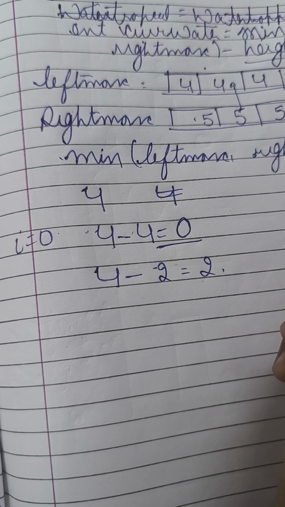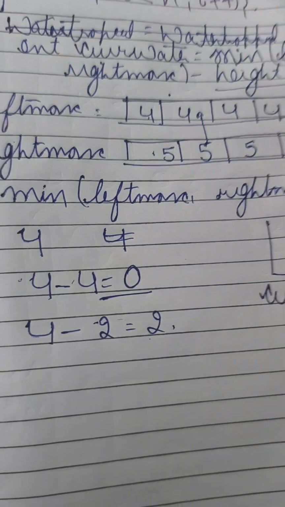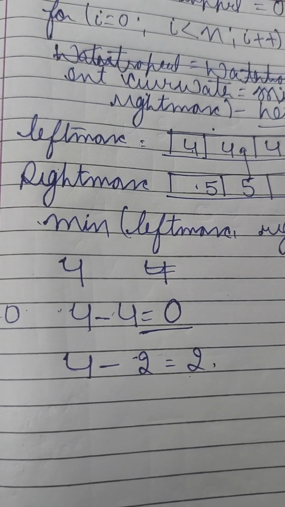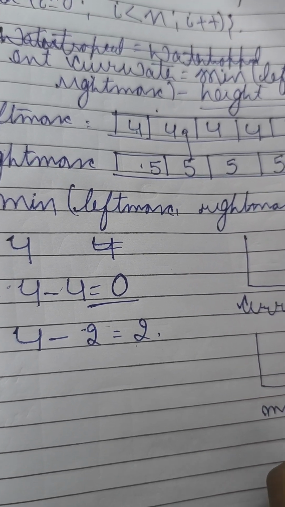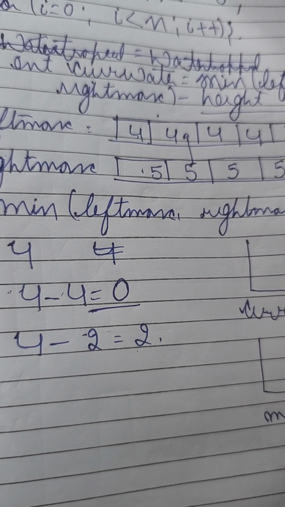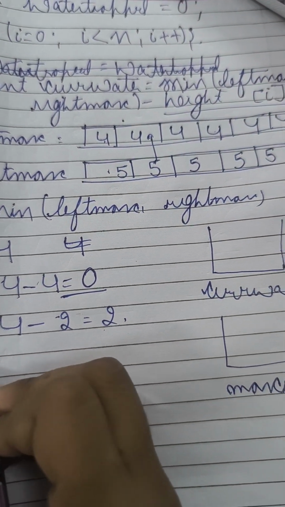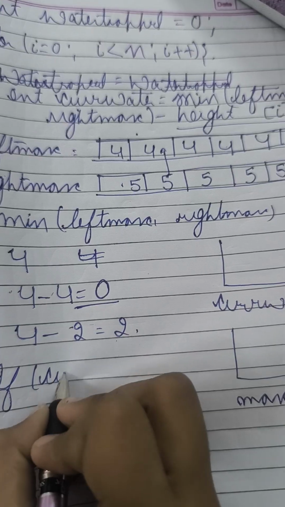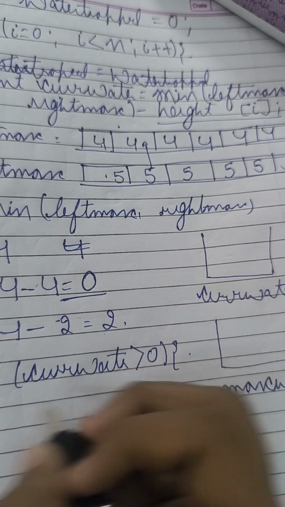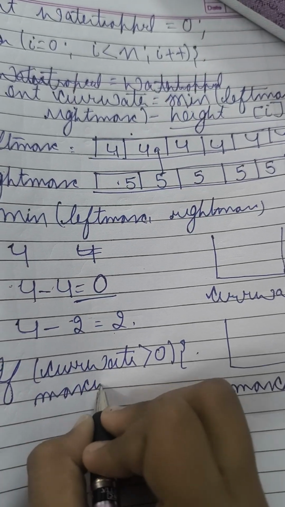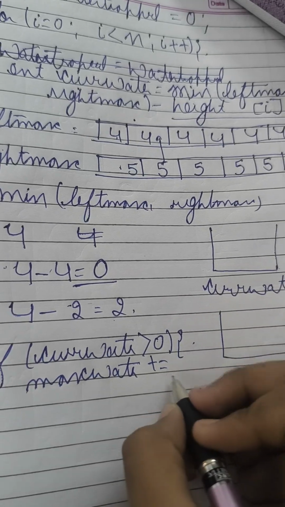Okay, so current water is this much, and every time I decide what the current water is, I am creating one max water also. If current water is greater than 0, then max water equals max water plus current water.